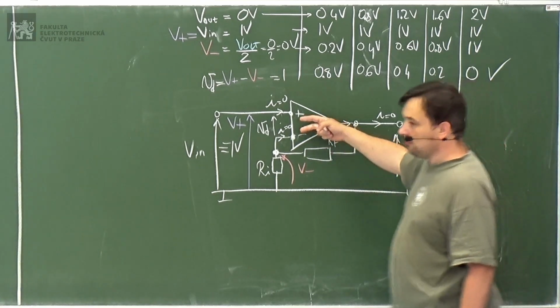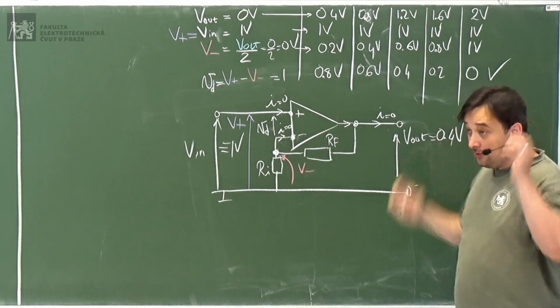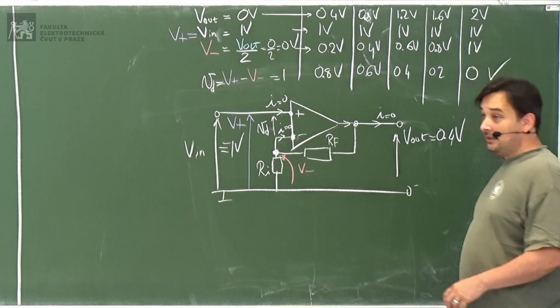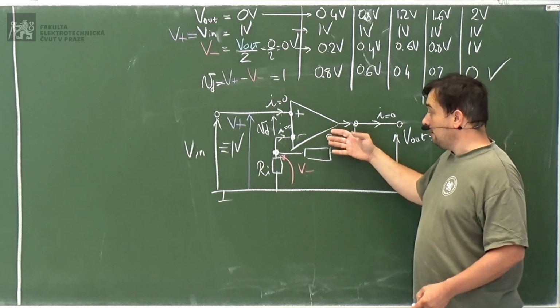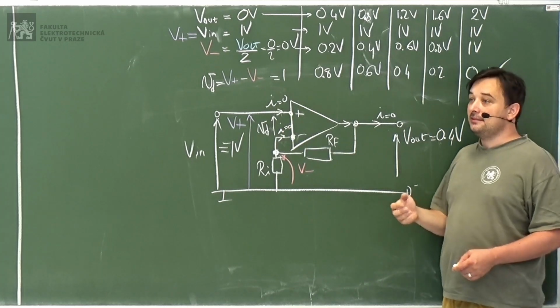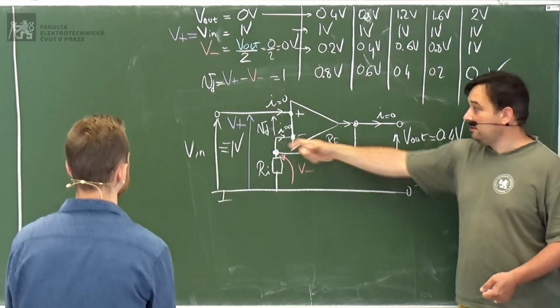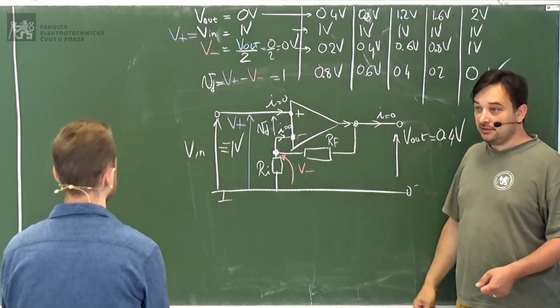This is the reason why you have to pay attention to the input of the operational amplifier, because it only feels this input voltage, and it increases or decreases the output according to the direction of the voltage.